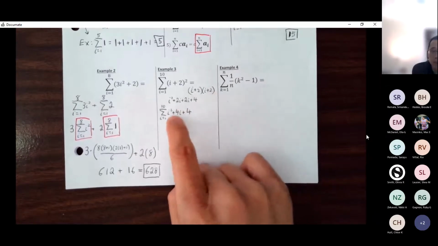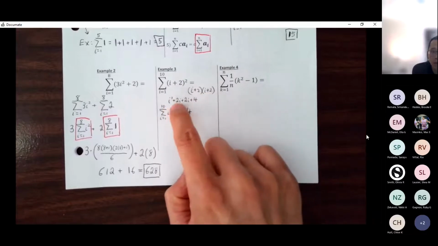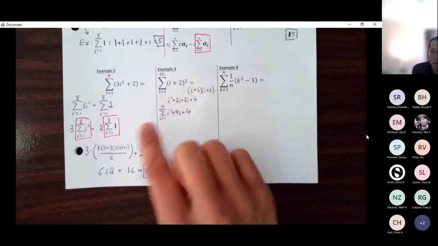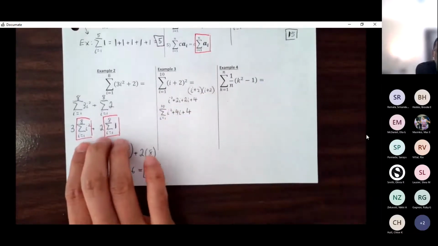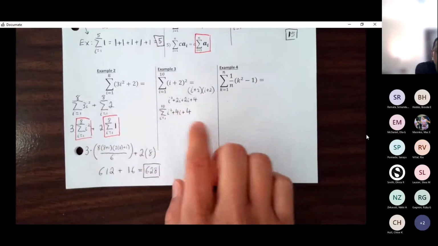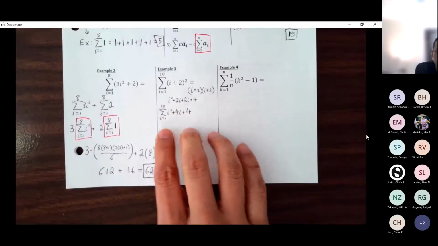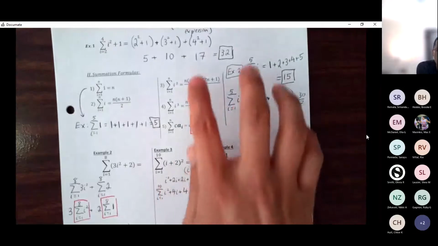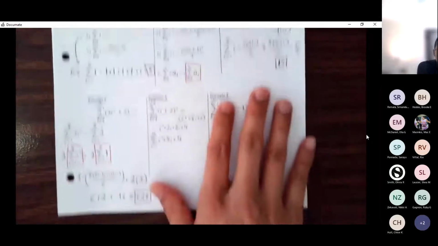Okay, any questions so far? Right, we're FOILing this out, combining like terms, and now, just like before, we're going to split up into individual parts, push out any coefficients so that we can match exactly the rules that we want to use.